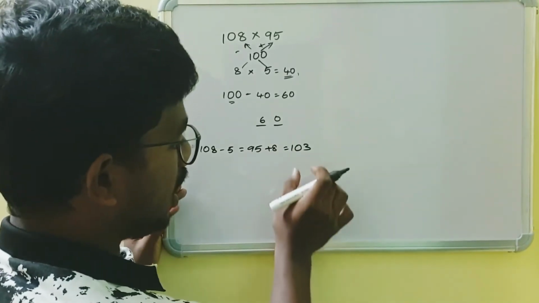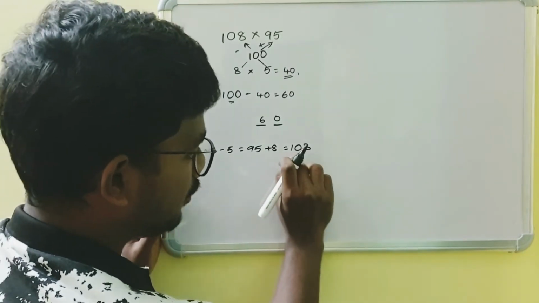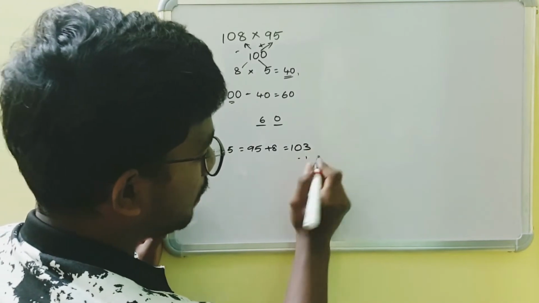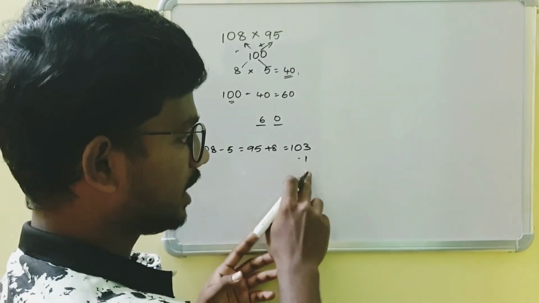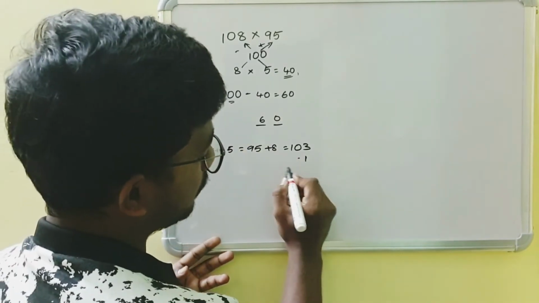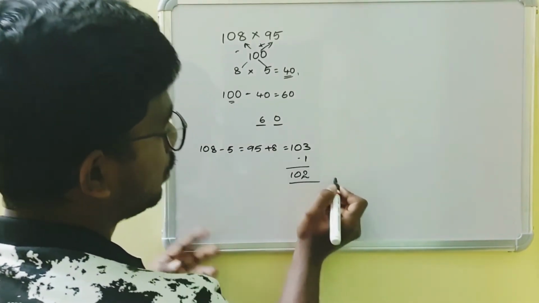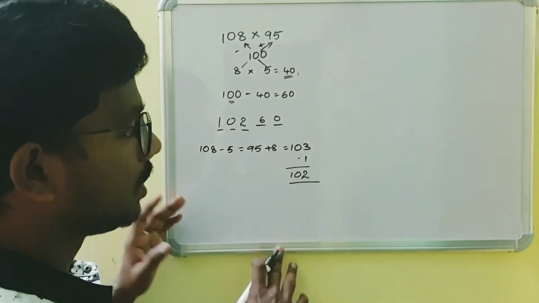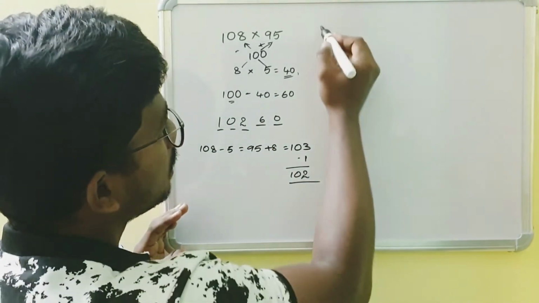Okay, after obtaining this, we have to subtract 1 from the obtained value to get the remaining digits. See, 102. So our required answer is 10260. Okay, this is our shortcut.